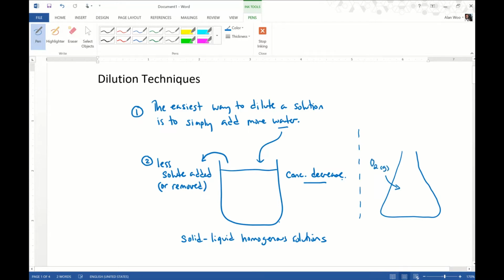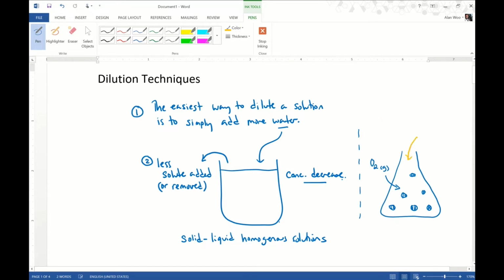Okay, so you have molecules of oxygen gas inside, and if they're the only type of gas inside here, you can see right now that these gas molecules are very close to each other. Okay, so there's a certain concentration of oxygen gas. So to dilute it, we simply add a different gas in.